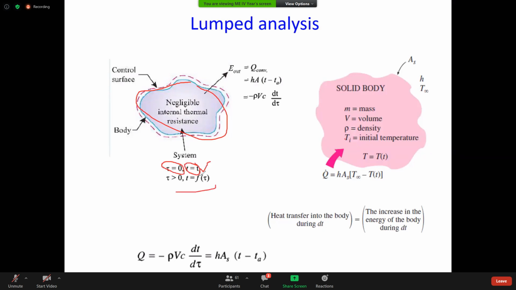The temperature is a function of time because we are studying the unsteady state. So the energy from the system to the surroundings has to transfer. The energy is being transferred from this system to the outside in the form of convection heat transfer, or from outside to inside also we can say this is convection.